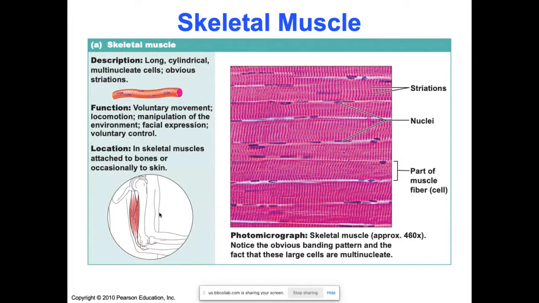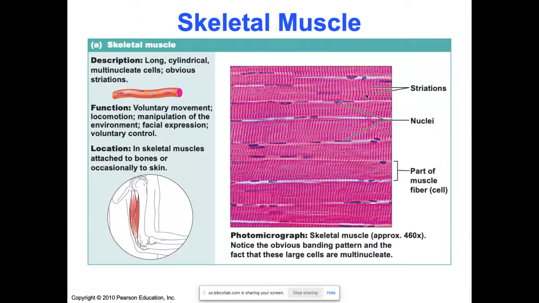These are important because I've seen these show up on some of the Connect questions. Not this particular slide, but the concepts that are here. Number one, we can see that they're striated. Once we see striations, that linear pattern of light passing through these protein filaments, there are only two possibilities.